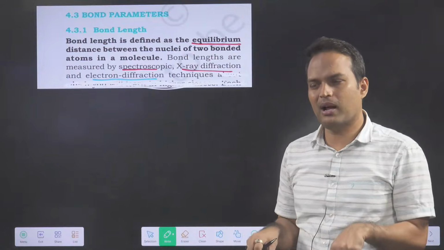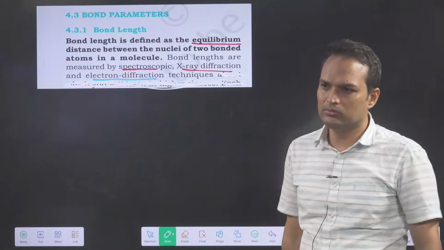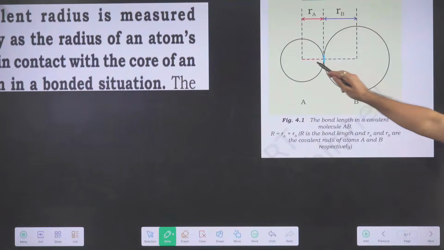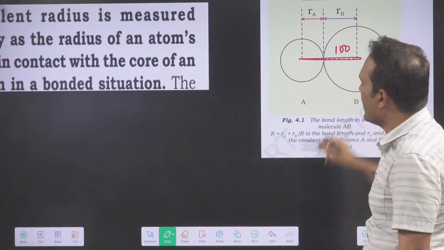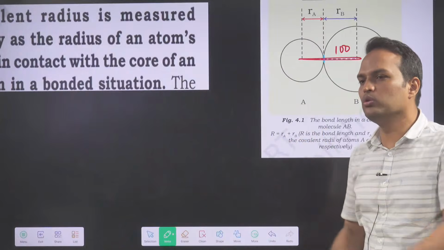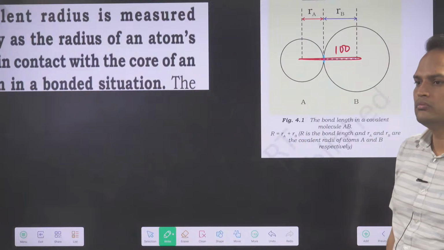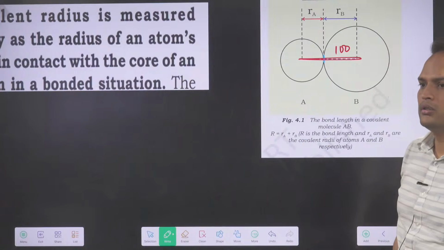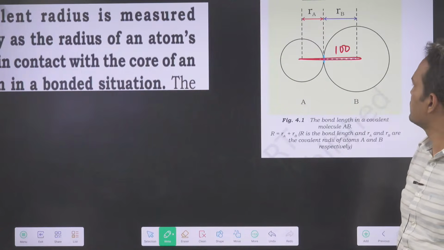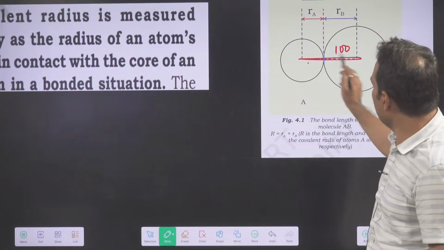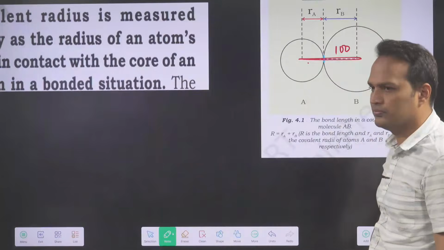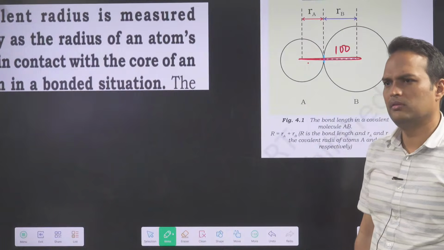If I take the same atom, then what will happen, sir? You will divide by 2. Suppose I take different atoms, and this whole distance is 100. Can I divide by 2 for the radius? No, right? Different atoms.